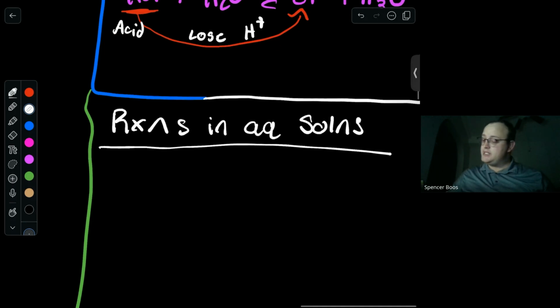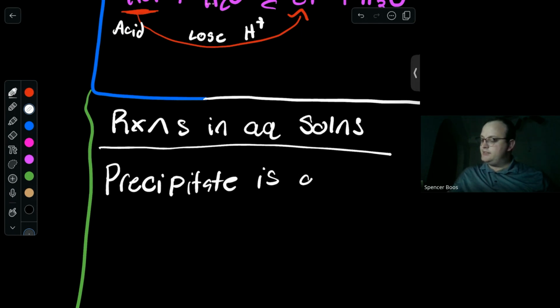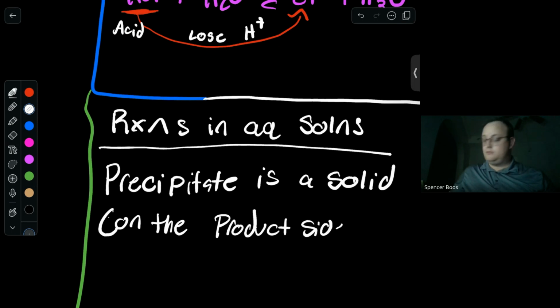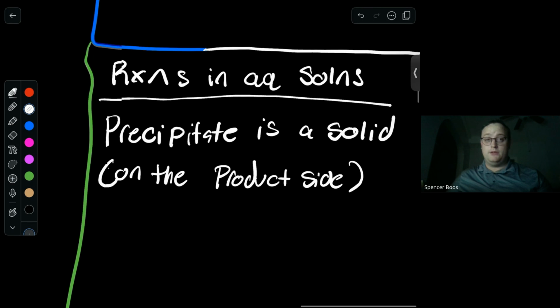A precipitate is a solid, right? It's the solid that is on the product side. So when you have an equation, it's on the right side of those arrows.